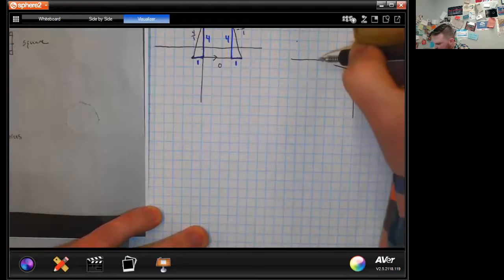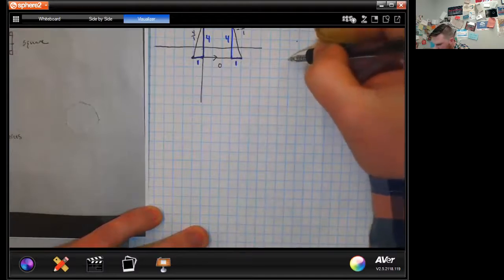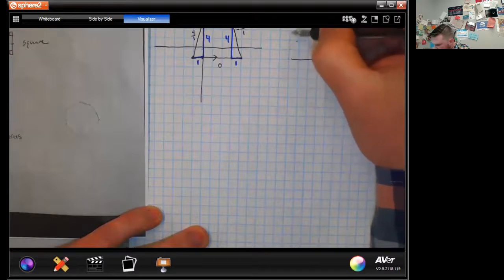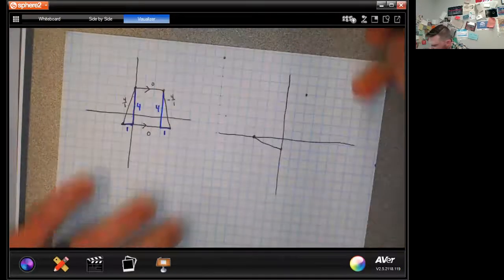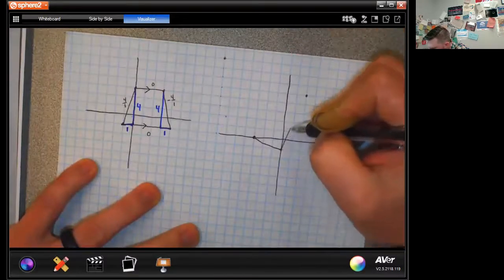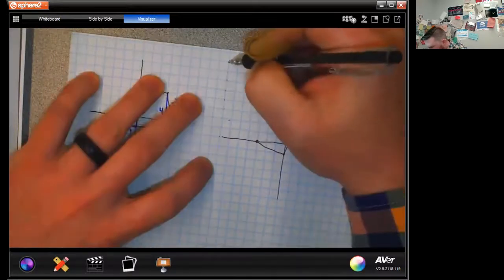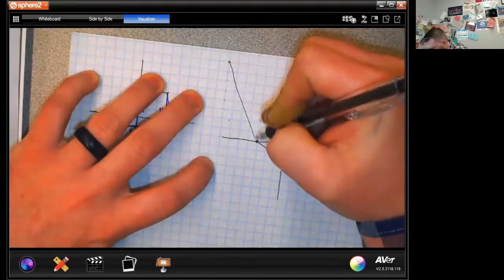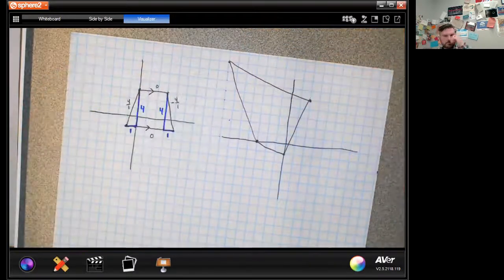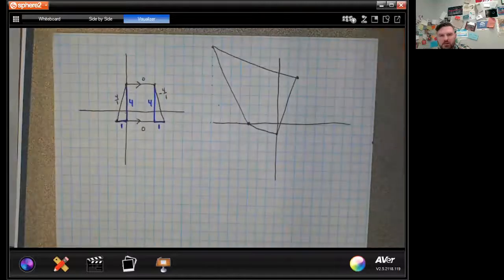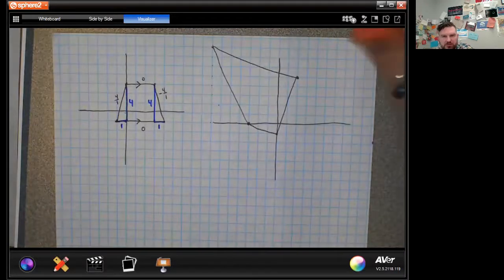So 3, 4, 5, 6, 7, 8. 1. So we've got this pretty crazy shape here. Like so.